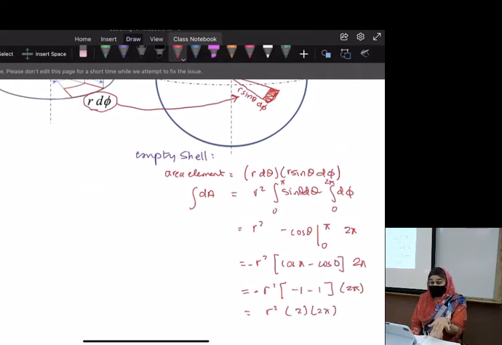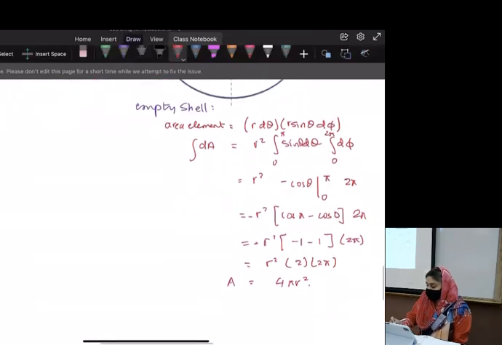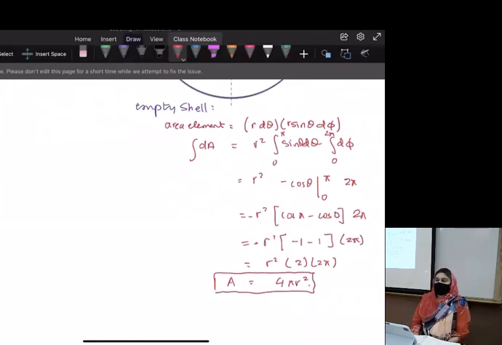So the minuses cancel out, right? Minus 1 is minus 2, and then the minus goes away. Just making sure we're all on the same page. So the area of a spherical shell is 4 pi r squared. Woohoo! So simple.